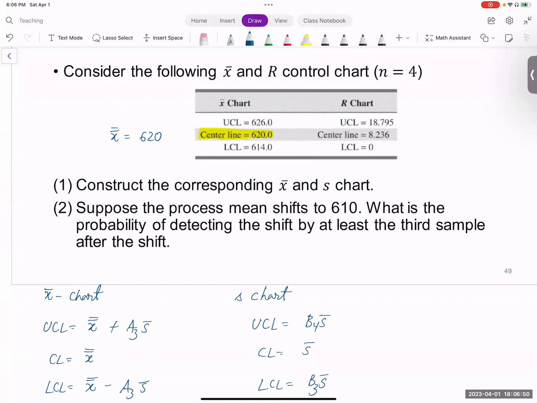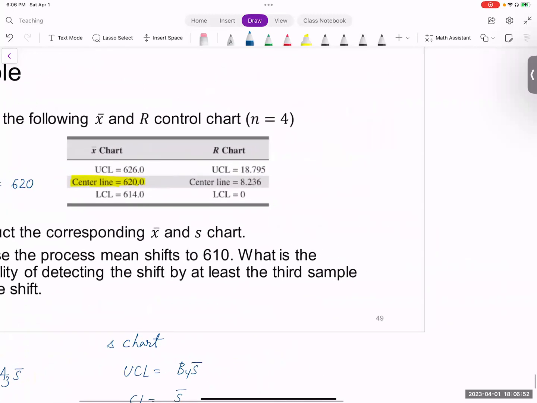To estimate S bar, this is the trick we're going to use. From the R chart, you have R bar equals 8.236. And if you go a little earlier into our discussions, we used a formula: an estimate of sigma using R bar divided by D2. If I plug in R bar, we already know n equals 4, so we know D2.